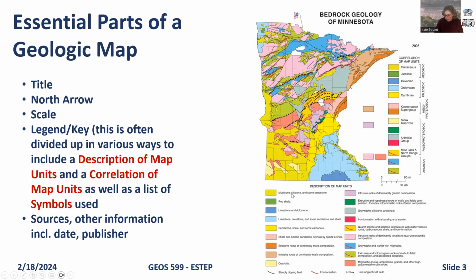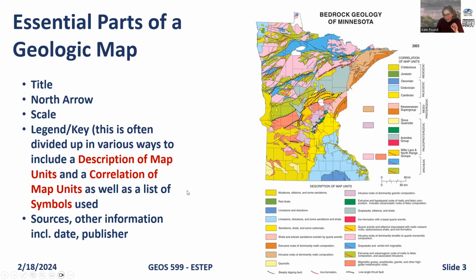There is also a piece of information not found on all maps, depending on the complexity, called a correlation of map units. And in this case, that's over here on the right.